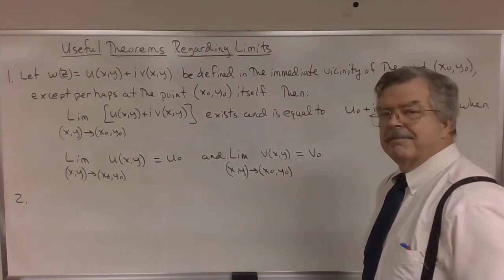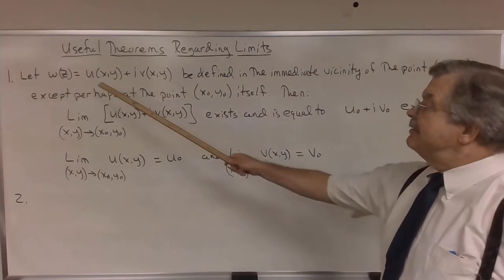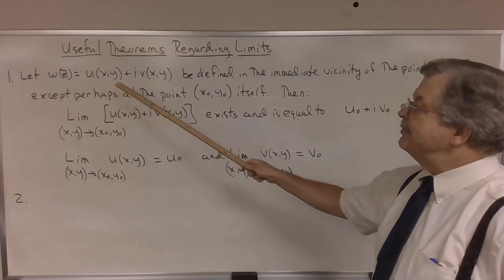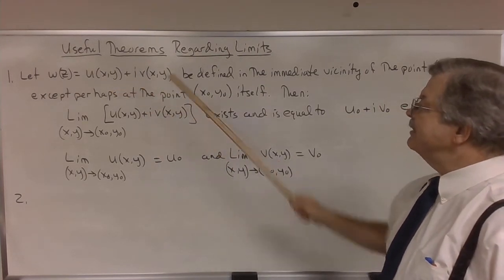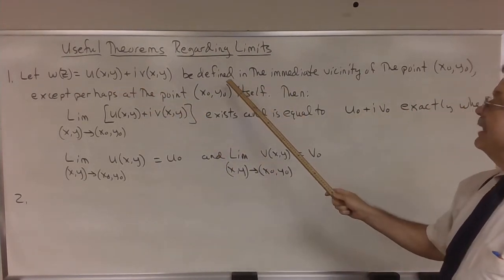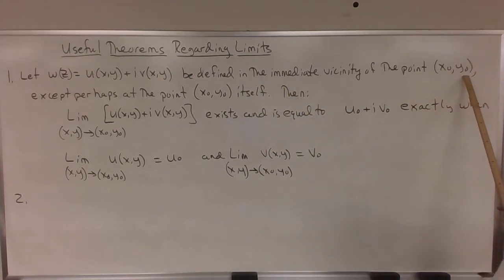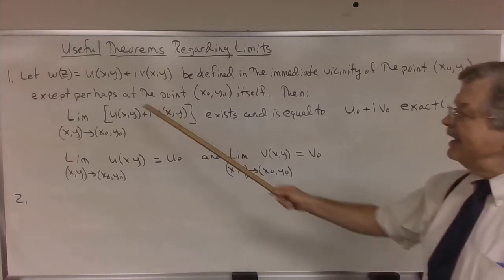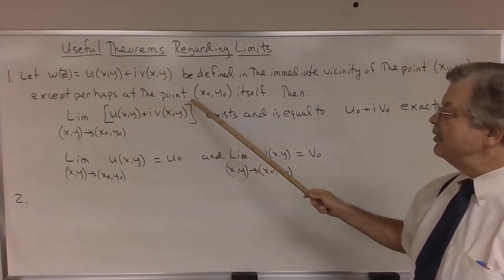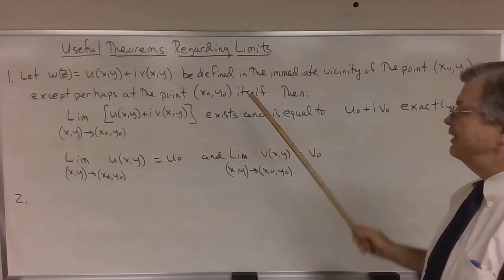Okay, first theorem. Let w equal u of xy plus i v of xy. Let it be defined in the immediate vicinity of the point x naught, y naught, except perhaps at the point x naught, y naught itself.